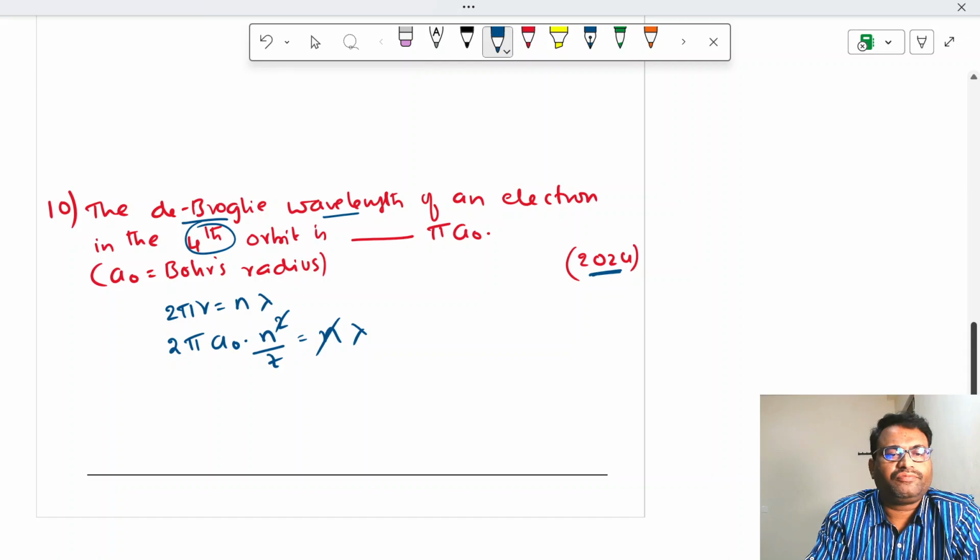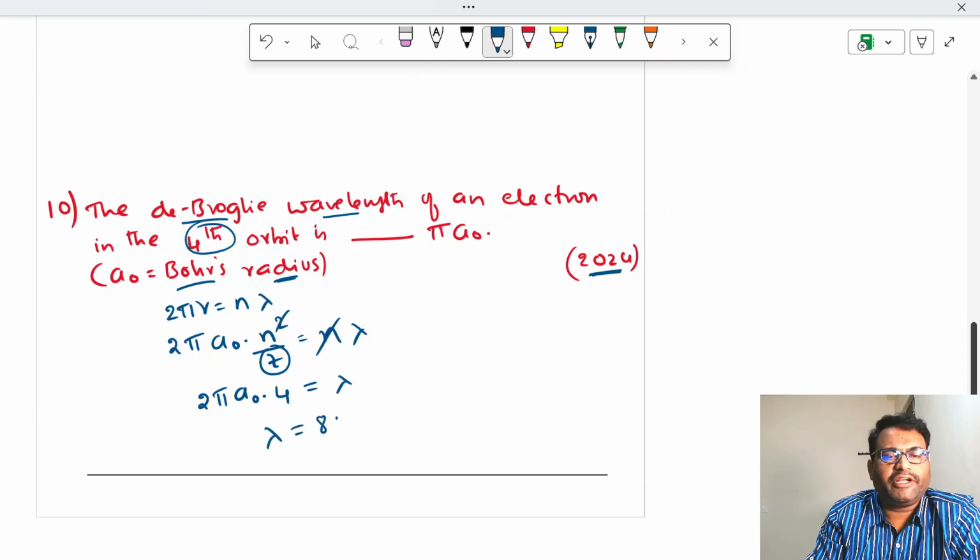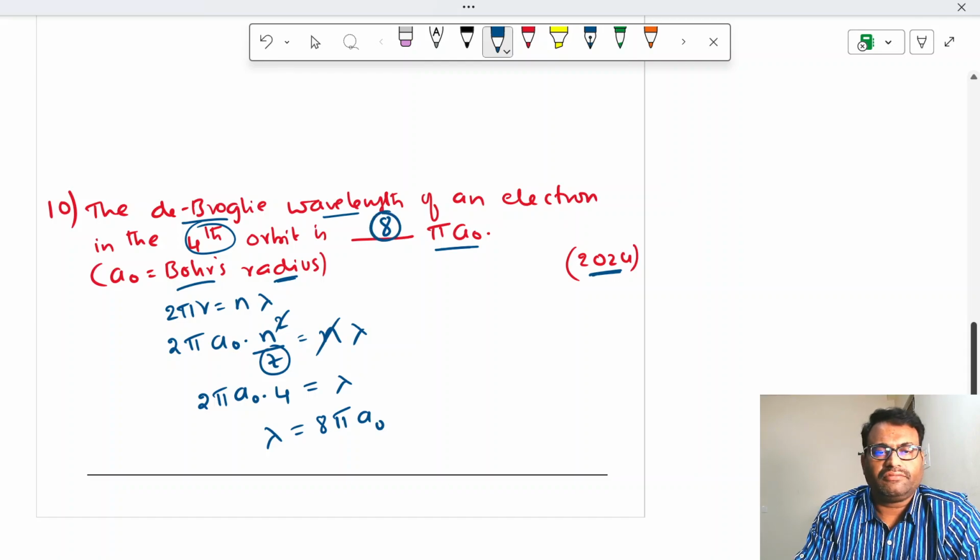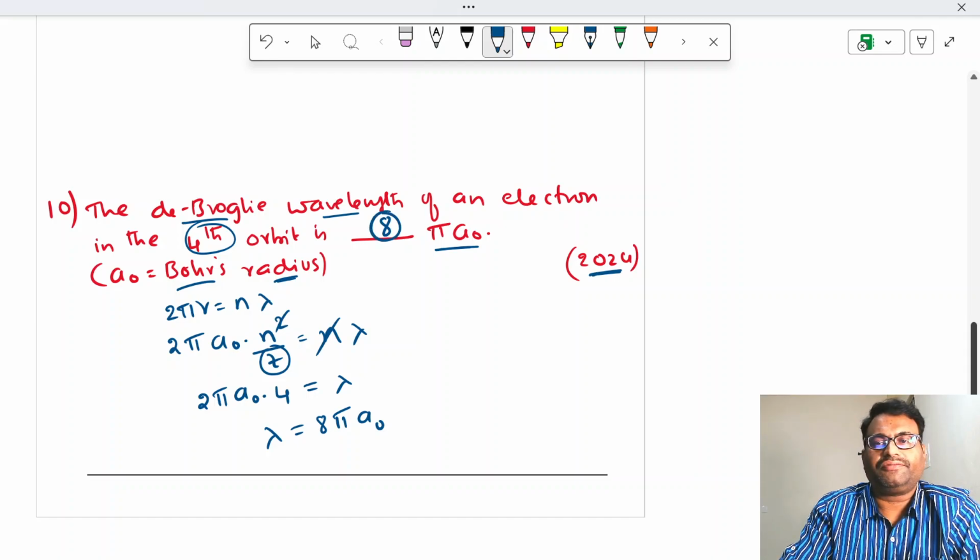Bohr's radius is asked, so z will be equal to 1. So 2 pi a naught into 4 is equal to lambda, so lambda is equal to 8 pi a naught. Here pi a naught is already given, so the answer will be 8. Integer type of question.